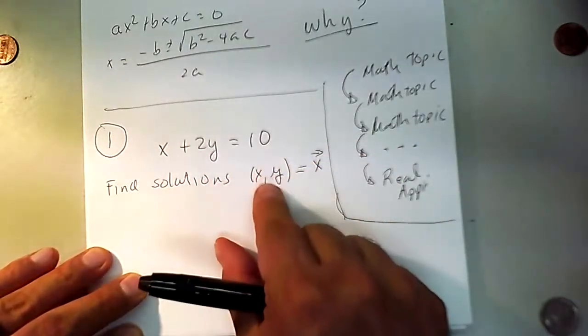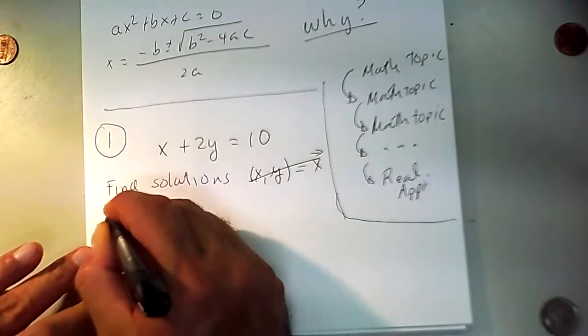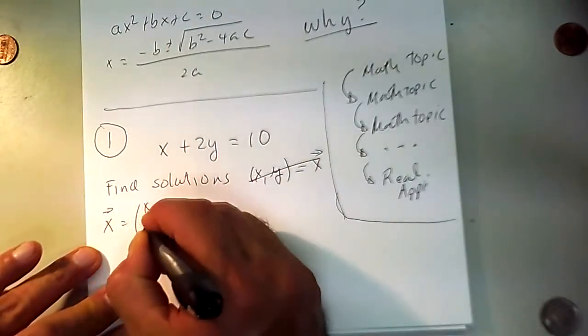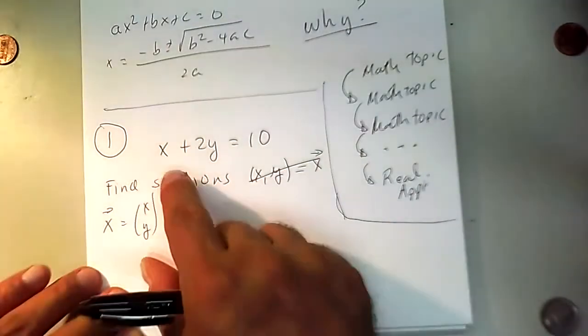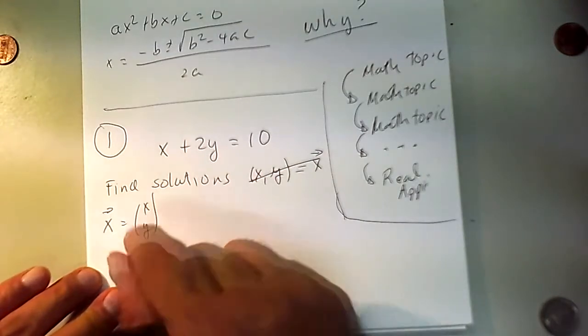By the way, this is really a column vector. I should probably rewrite this as x equals (x, y). That's a little better.